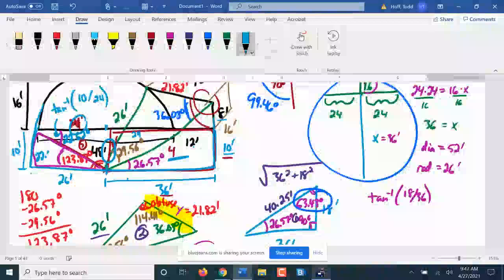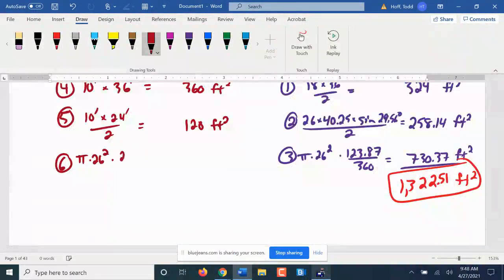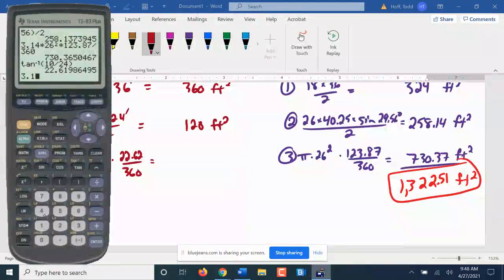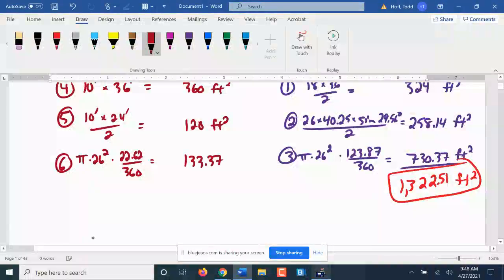So that area, that piece, is pi times 26 squared times 22.62 degrees over 360. That gives us 133.37 square feet.